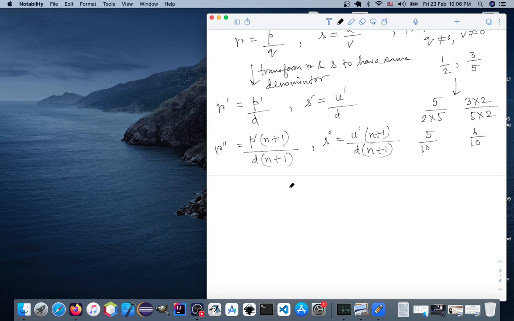So what will be the final n rational numbers between r and s? Those n rational numbers will be p dash into n plus 1 plus 1 over d into n plus 1, p dash into n plus 1 plus 2 over d into n plus 1, and so on.